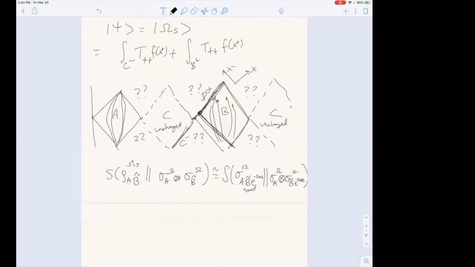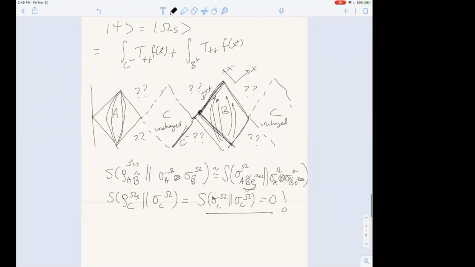Okay, but also remember that we've left C untouched. So that means S of rho C in the omega S state is just equal to S of sigma_C^omega with sigma_C^omega, which is 0.